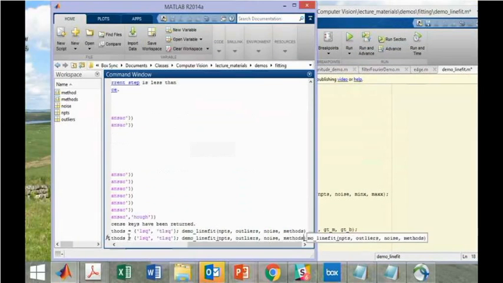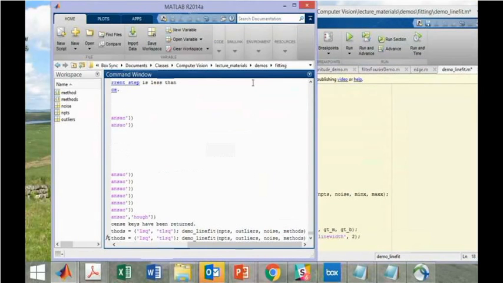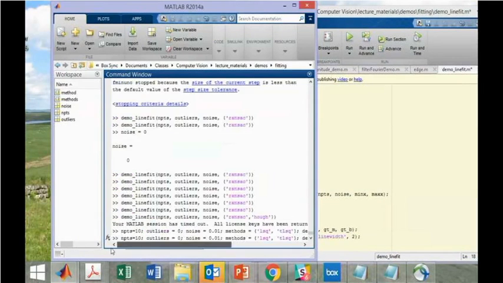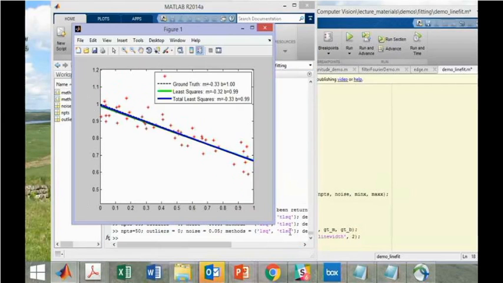Okay, so let's do 50 points, and we'll do 5 times the noise. Okay, so they're both doing pretty well. Can do it a few times. So here you can see the predicted value of M and the true value.